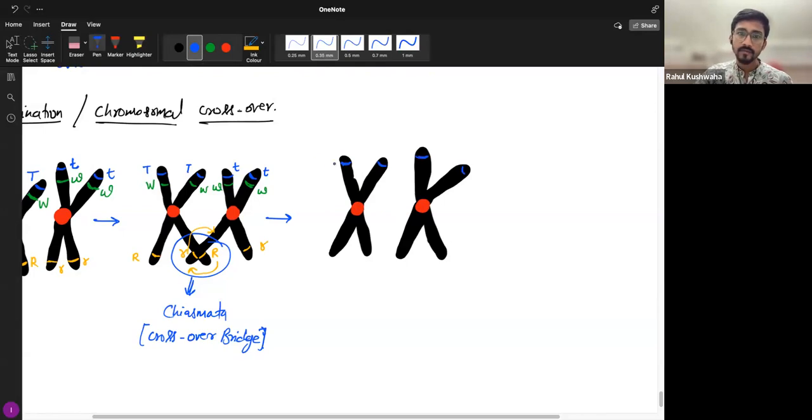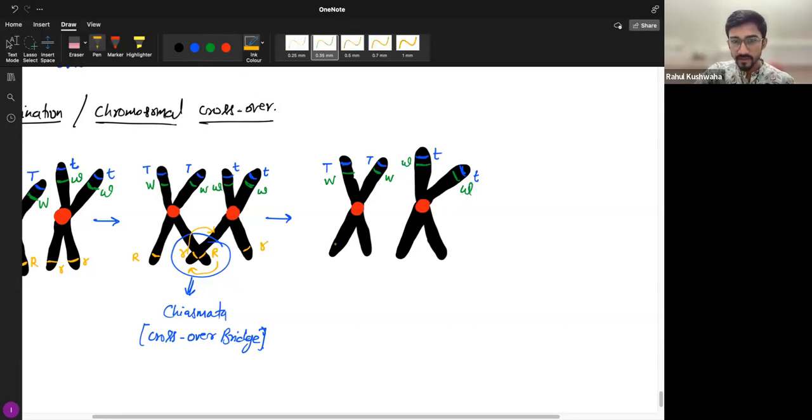Okay, this will be capital T, small t, small t. This will be capital W here, small w and small w.